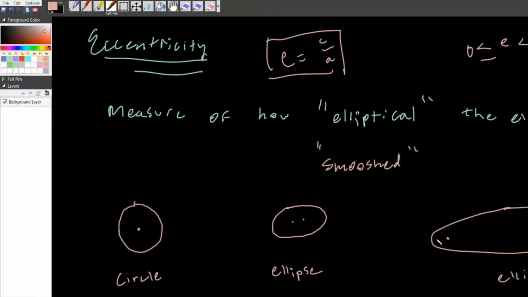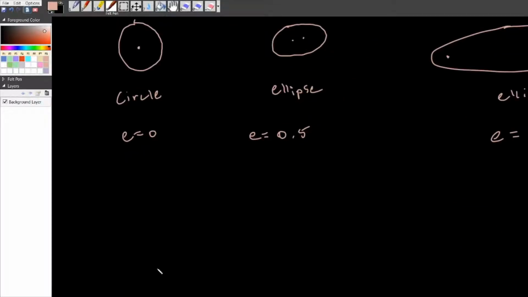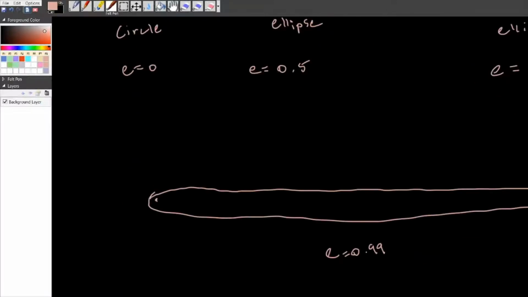And these foci will get closer and closer to the boundary until eventually you have foci that are essentially right on the boundary, and you have some kind of ellipse that looks like this. So like this is eccentricity E equals 0.99 basically. And once you have E equals 1, that's not an ellipse, and we'll actually talk about that next time. It's a worm.